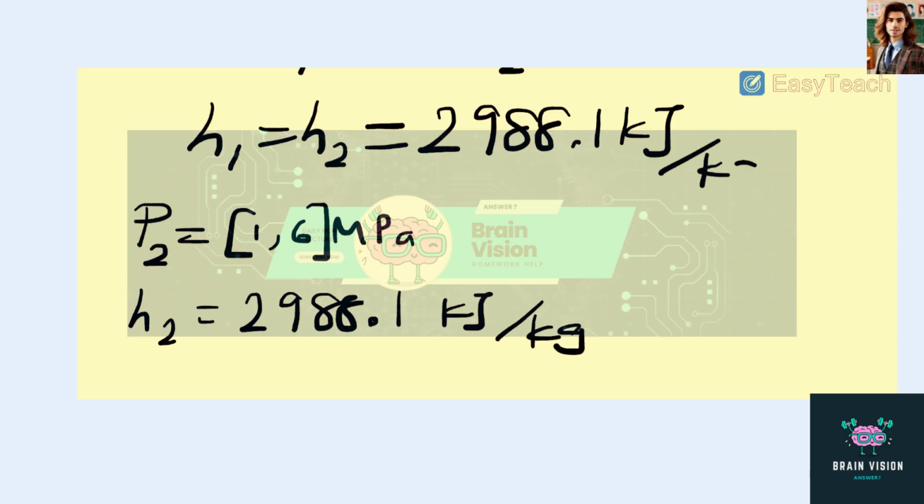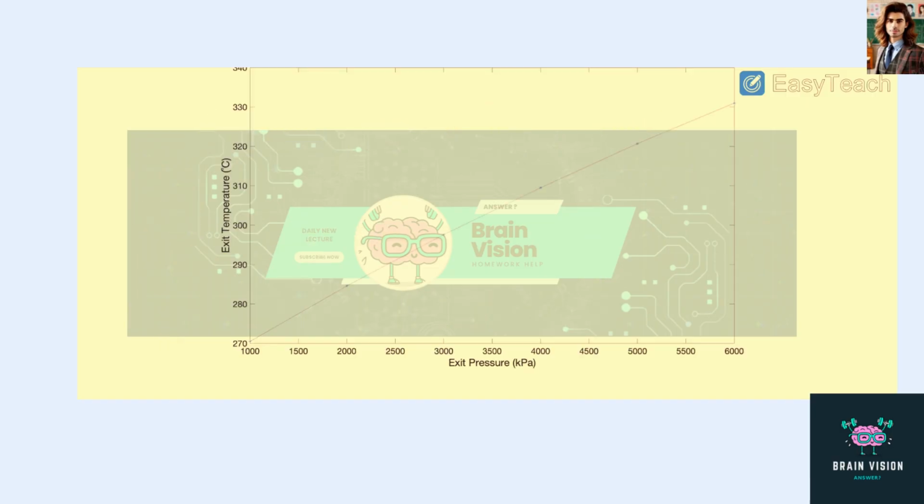Having these two pieces of information, the pressure and the enthalpy, define the state of our exit. Therefore, we can go ahead and correspond this state back to a temperature. By looking these up in the thermodynamic tables, we can deduce our exit temperature. So this is what it looks like.